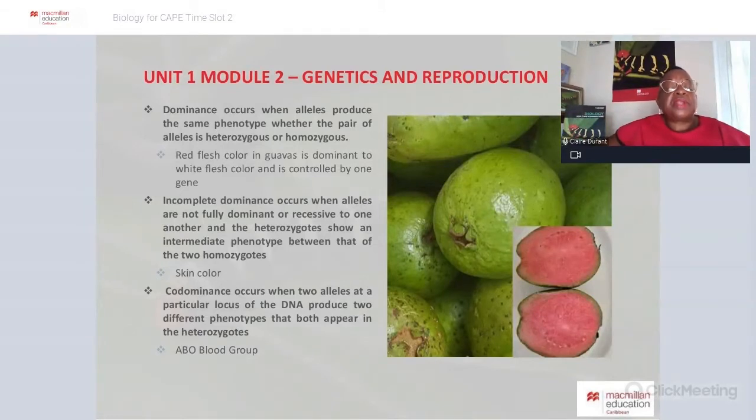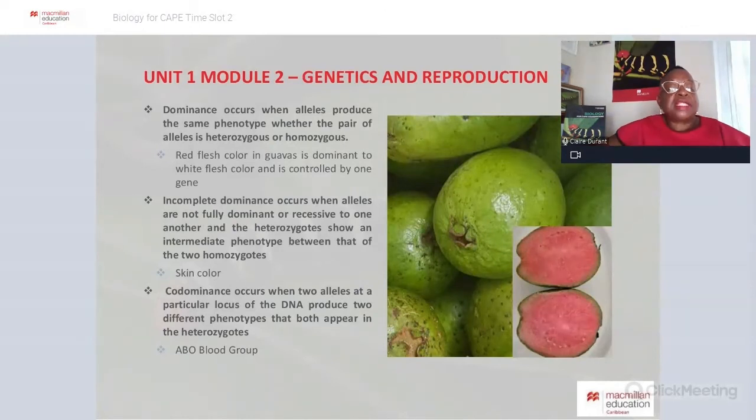And we saw that previously with the green and yellow peas. Incomplete dominance occurs when alleles are not fully dominant or recessive to one another, and heterozygotes show an intermediate phenotype. And we see that a lot in skin color.